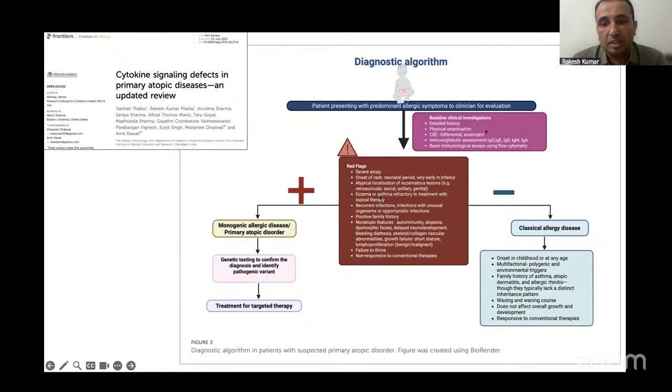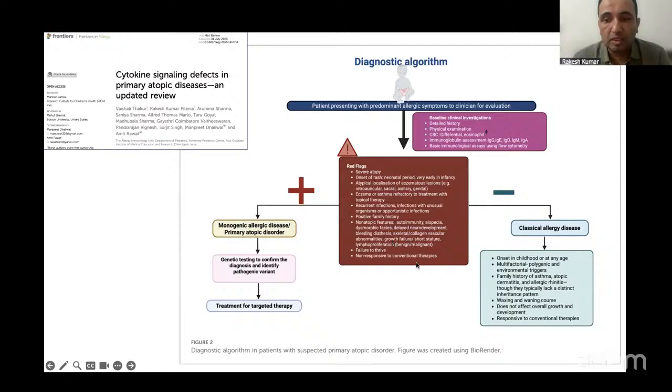They can have eczema or asthma refractory to topical therapy, recurrent infections with unusual organisms or opportunistic infections, and a positive family history. The majority of the time they can have non-atopic features like autoimmunity, alopecia, dysmorphic faces, delayed neurodevelopment, bleeding diathesis, and skeletal or collagen vascular abnormalities.